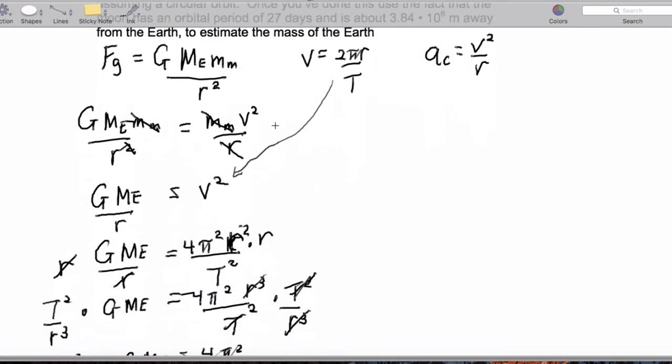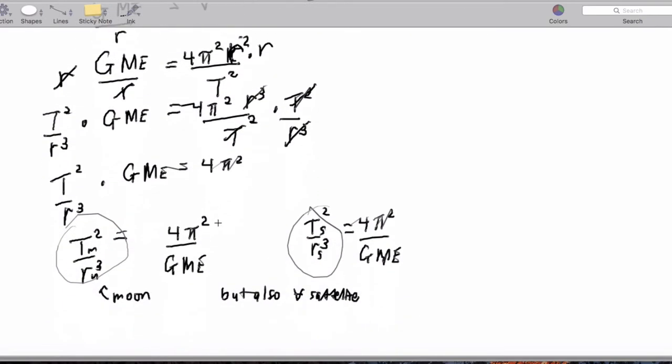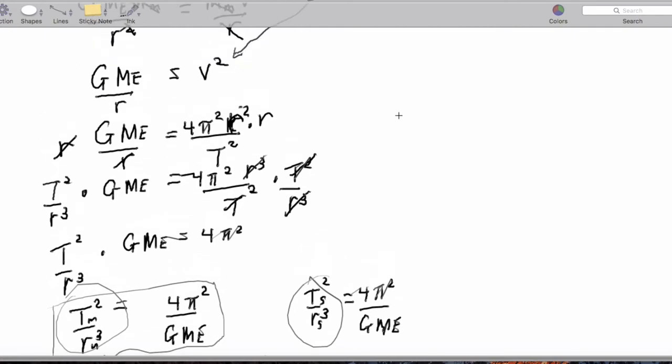Now, applying this to get the mass of the Earth, I'm going to actually back up to this formula right here. So I get T of the moon squared over r of the moon cubed equals 4 pi squared over G times mass of the Earth.